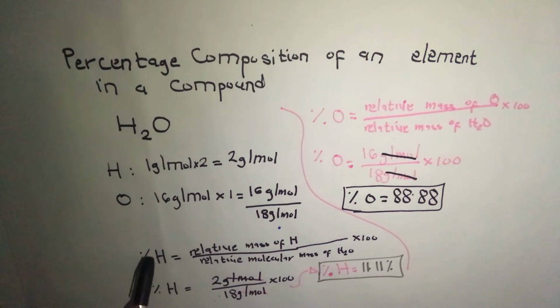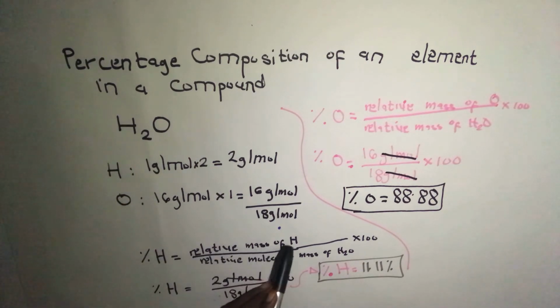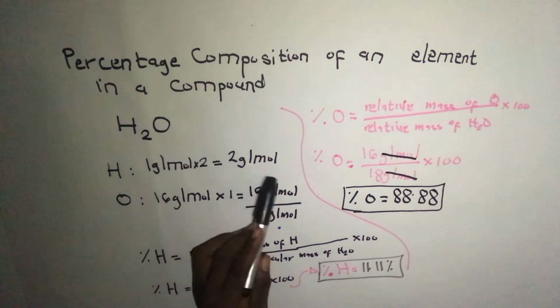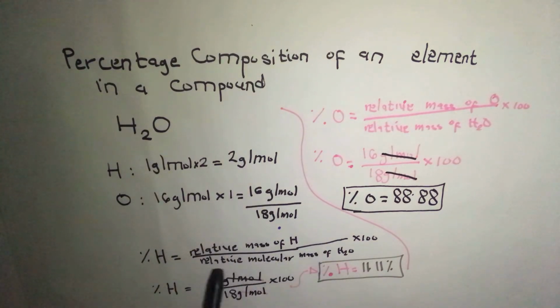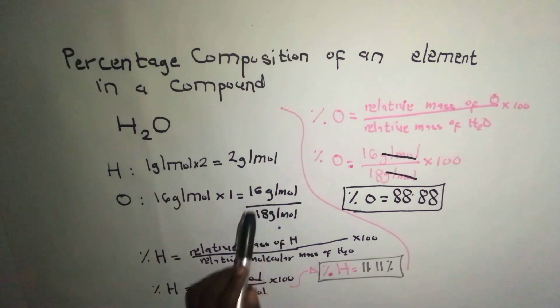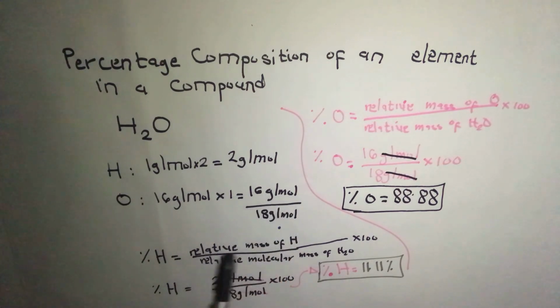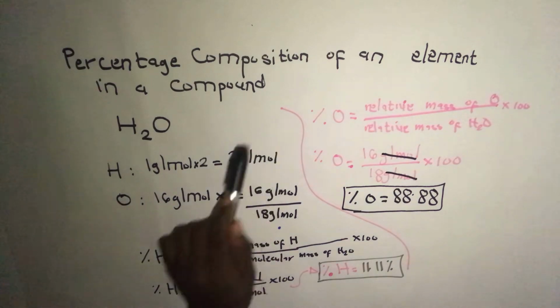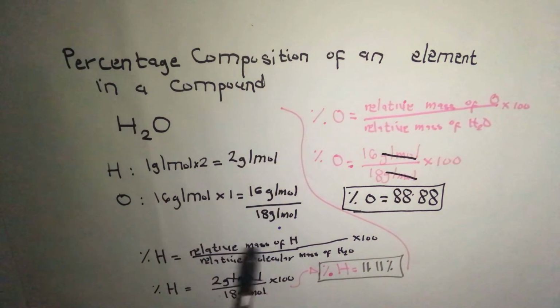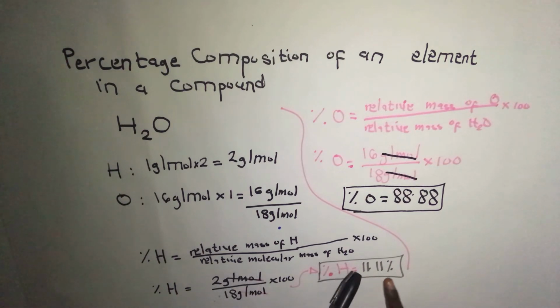To find the percent composition of an element in a compound, the percent composition of hydrogen is equal to the relative mass of hydrogen over the relative molecular mass of water. When we place those variables, the percent of hydrogen is equal to 2 grams per mole divided by 18 times 100.